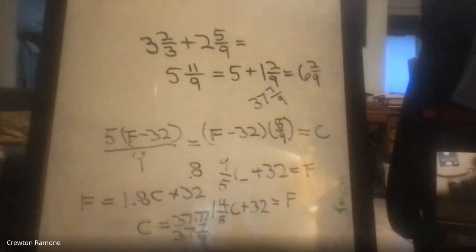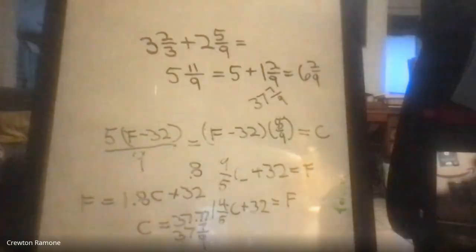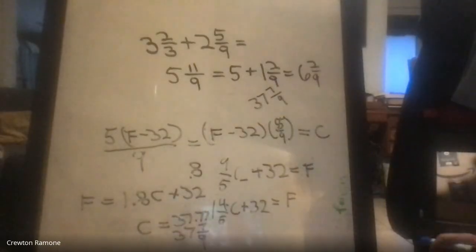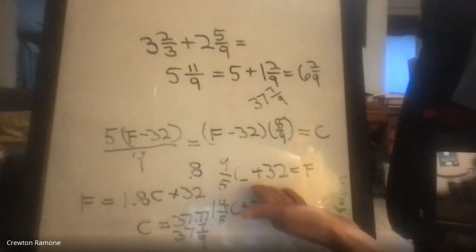You tell me what F is if this is C. I told you this is the temperature, 37.77 degrees Celsius. What is that in Fahrenheit? You have the formula right here. You're going to have to do some math.